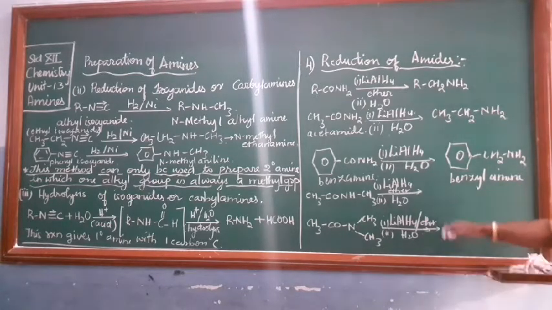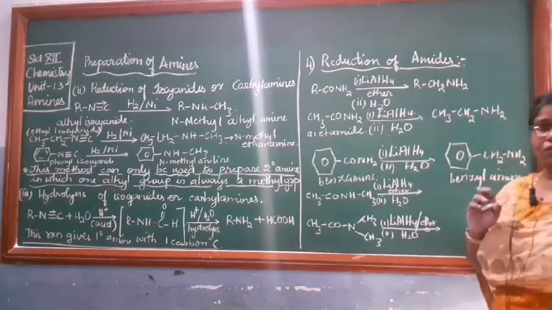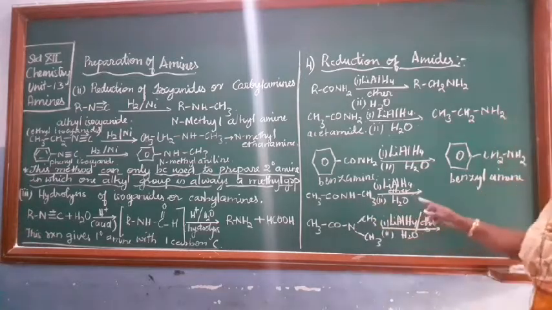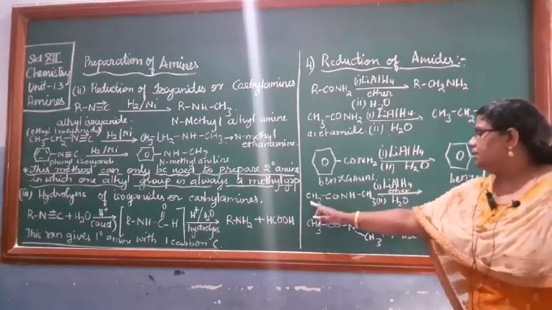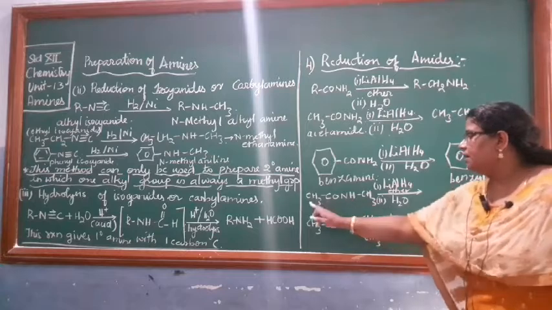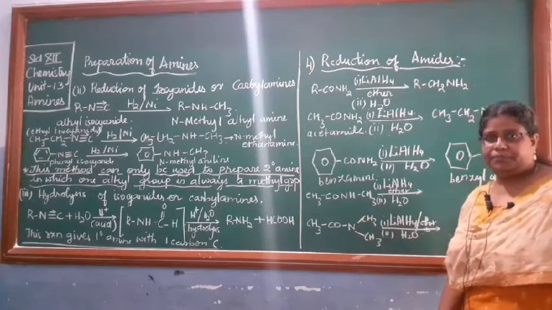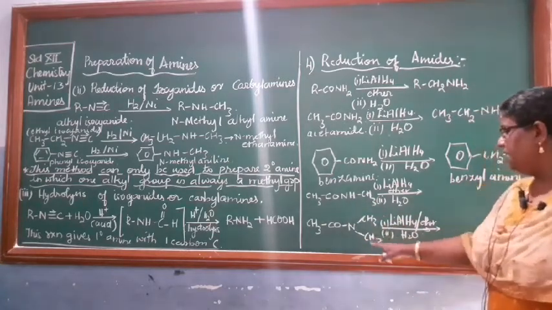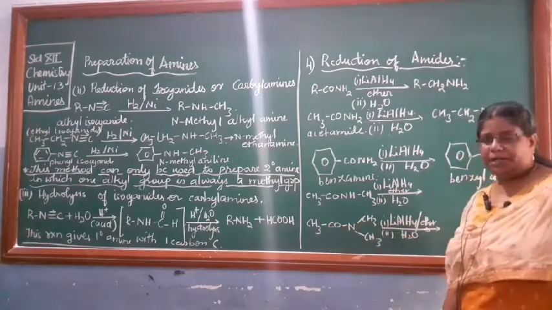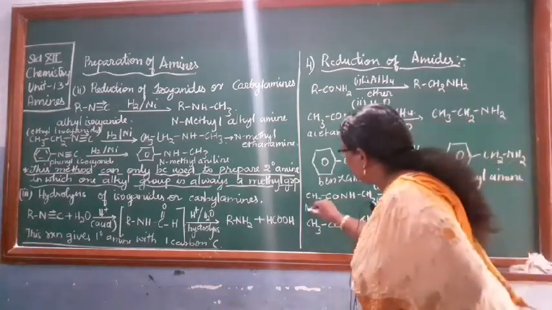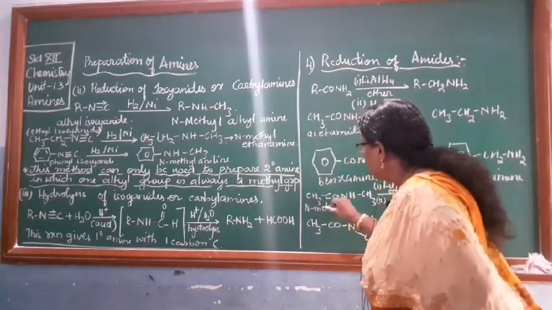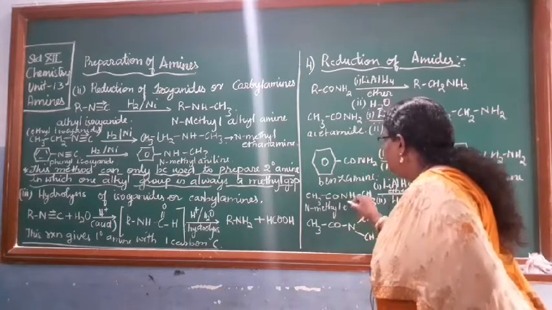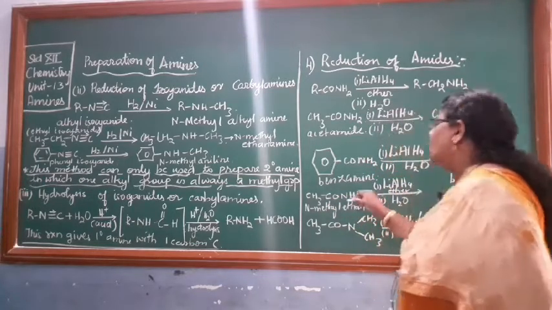ठीक है? Secondary amine भी मिल सकता है reduction of amides के साथ. So for that you have to take, see, this is N-methyl ethanamide. Okay? This is N,N-dimethyl ethanamide. So what is the name of this compound? This is N-methyl ethanamide or acetamide.